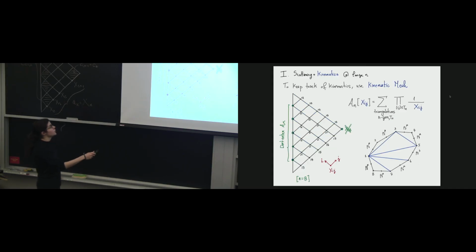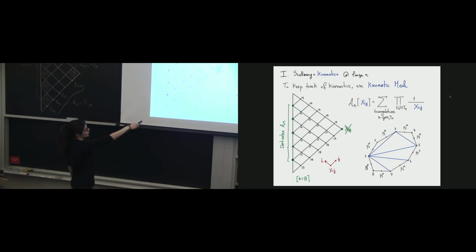Okay, so to keep track of the kinematics, my function receives these variables xij, which are labeled by two indices. So we're going to keep track of all of them by drawing them in a grid, okay? We draw this grid at a 45-degree angle, just for historical reasons, nothing deep at the moment.